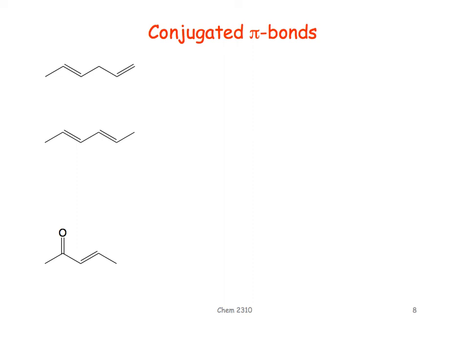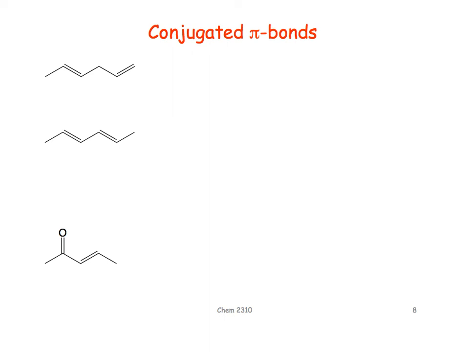All right, so let's just see if we can finish on a couple here. So what do you think about the top one? Can there be resonance between the two pi bonds? No. Why not?